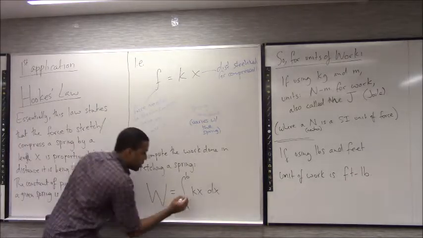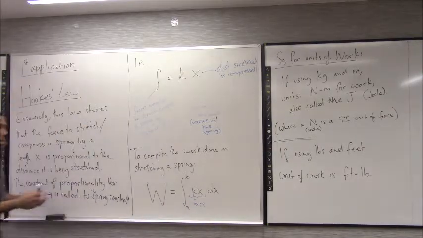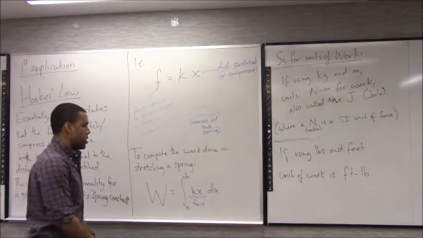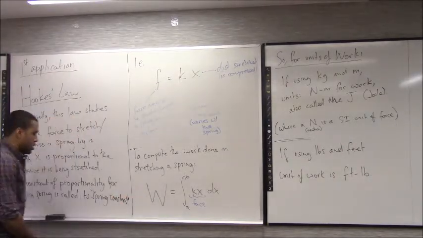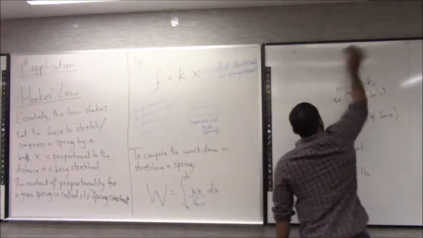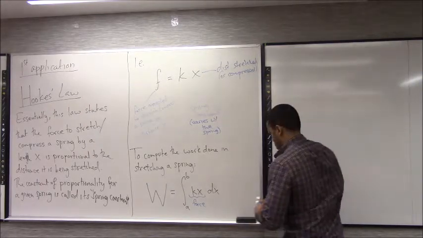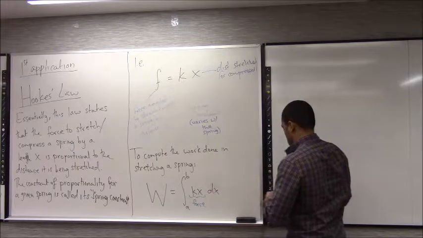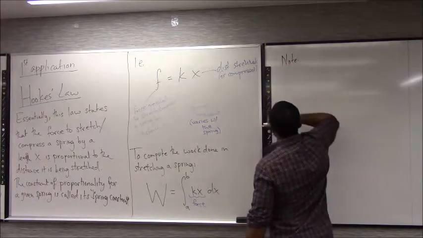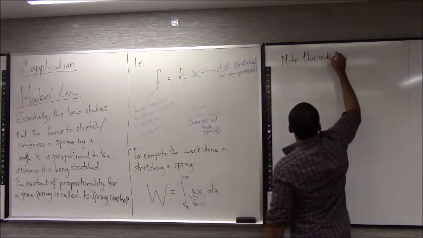Because this guy here, according to Hooke's law, is how we measure force. So whenever you're talking about stretching or compressing a spring, and you want to find out how much work you are doing in doing this, this is the integral you're going to set up. It's going to be kx. This is the work done.